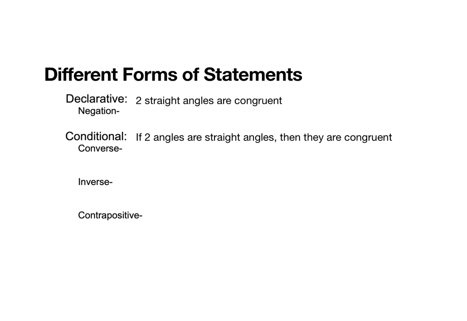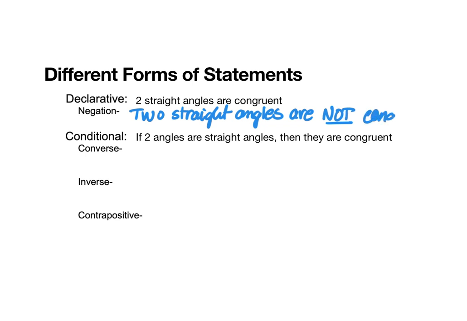So if I negate that statement, what I say is that two straight angles are not congruent. When I negate a statement, I say that the statement is false. So in declarative form, if I say something is congruent, the negation is that they are not congruent.